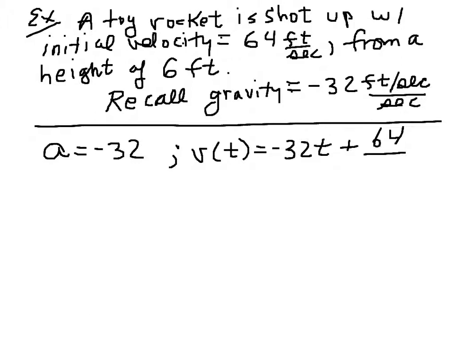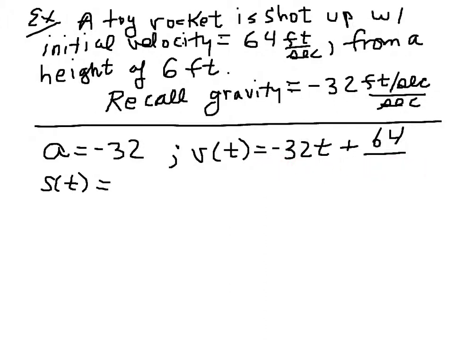So now we do this one more time, and we go to the position function. And the same idea works. The derivative of position is velocity. So if we have velocity, what we're asking for is what did we start with, whose derivative would be minus 32t plus 64.